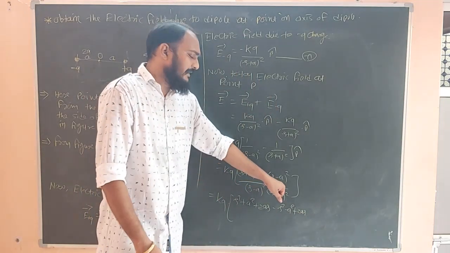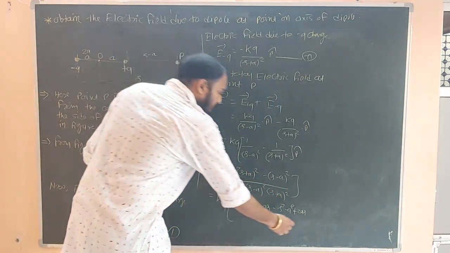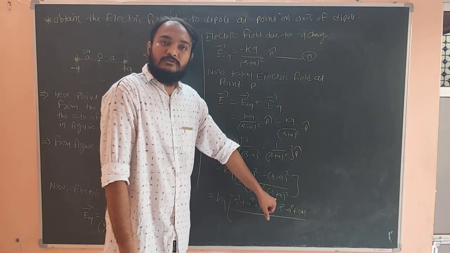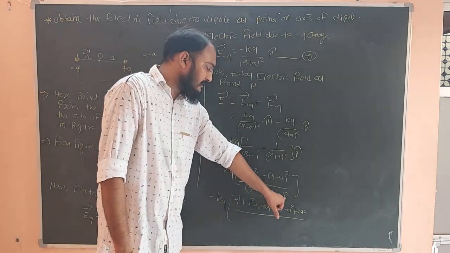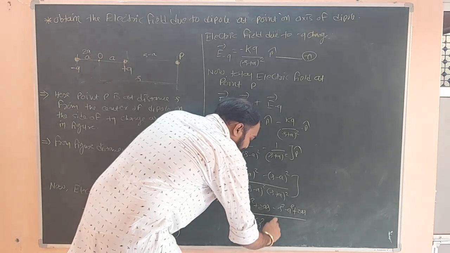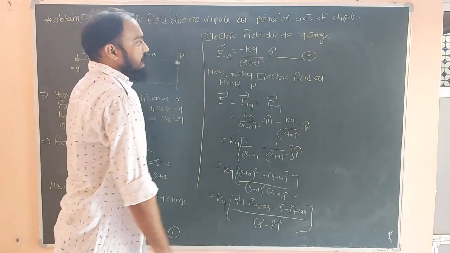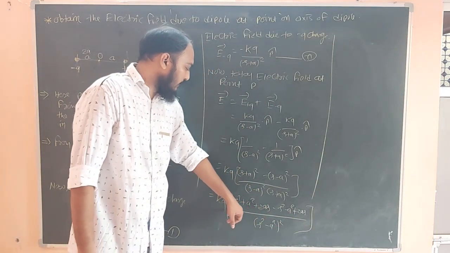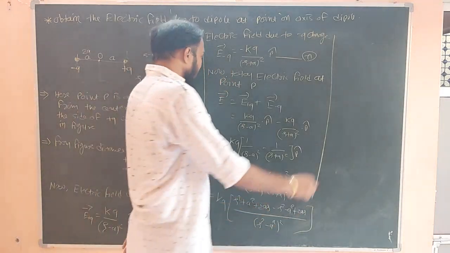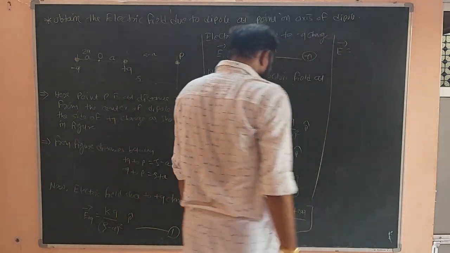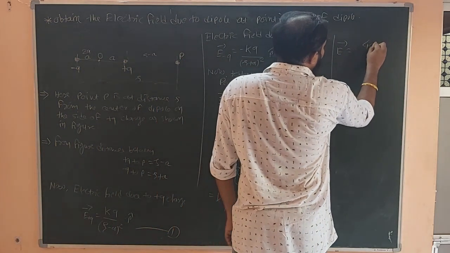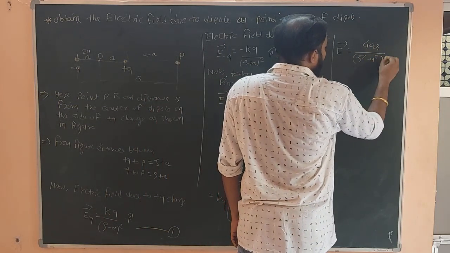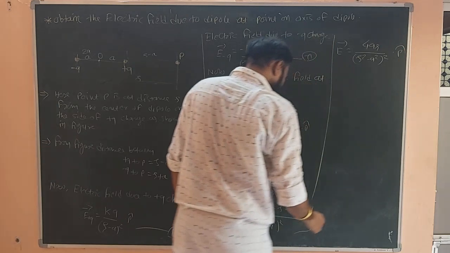Okay, in the denominator, (R minus A) into (R plus A) is R square minus A square, but the square is there, so R square minus A square to the power 2. R square and A square will cancel out, 2AR remains twice, so what we will get? Vector E is equal to 4AR by (R square minus A square) to the power 2 into p caret.